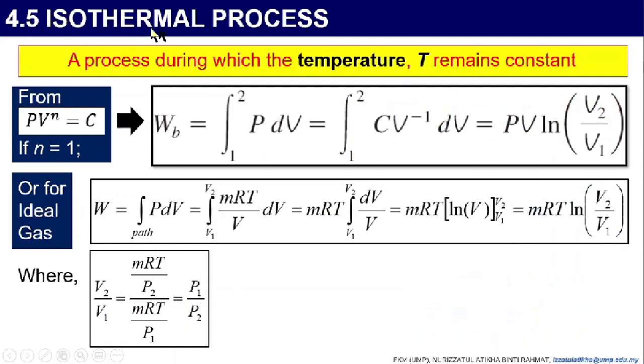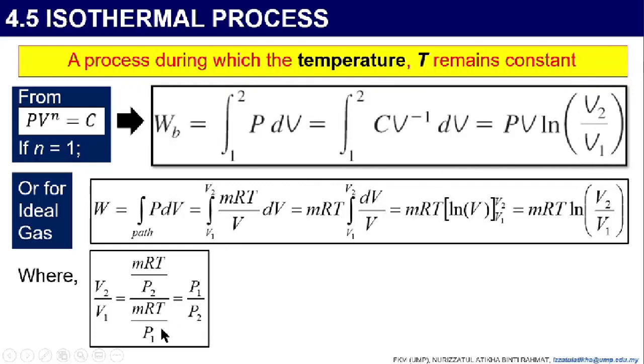Then we have isothermal process. Isothermal we already learned before. It is a process during which the temperature remains constant. So isothermal means temperature constant. And we get the equation for isothermal: WB equal to PV ln(V2 over V1).